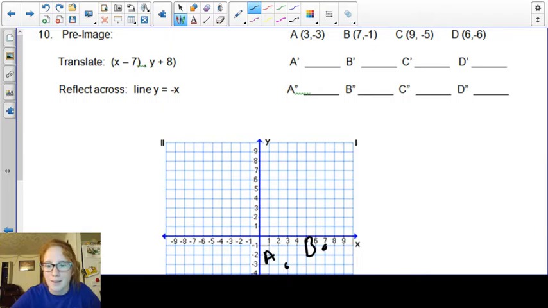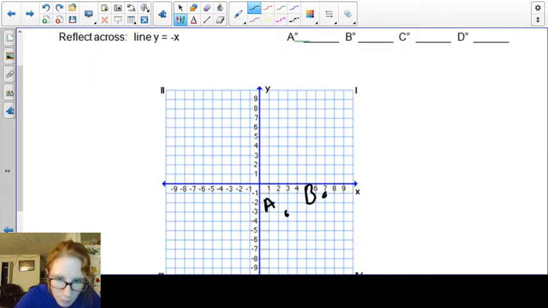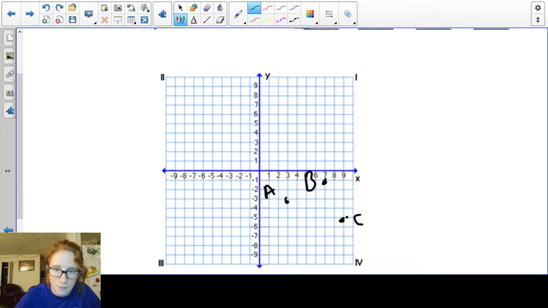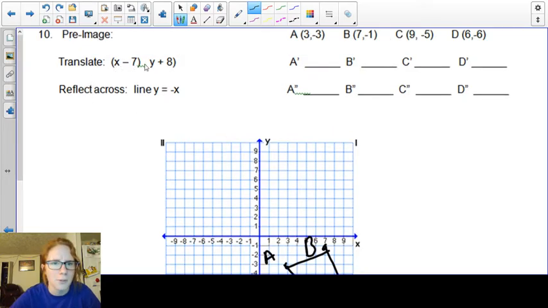C is going to be at 9, -5, so I need to scroll down a little bit. And D is at 6, -6. So there's my original.